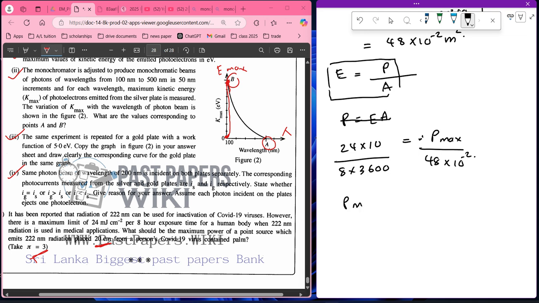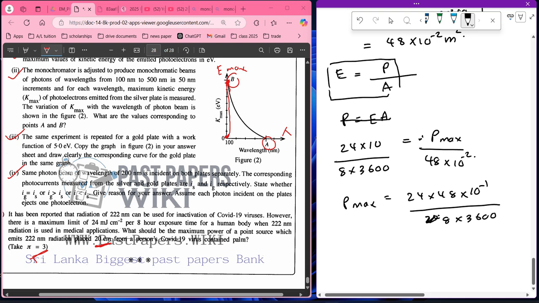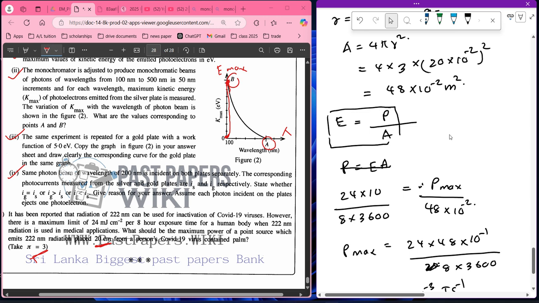Then P max is 24 into 48 into 10 to the power minus 1 divided by 8 into 3600, and P max equals 4 into 10 to the power minus 3 joules per second, which is 4 into 10 to the power minus 3 watts. This is how we get the maximum power in this case.